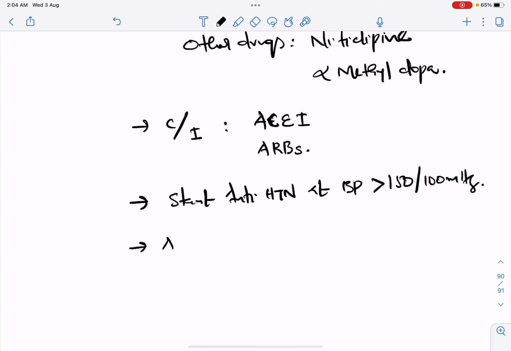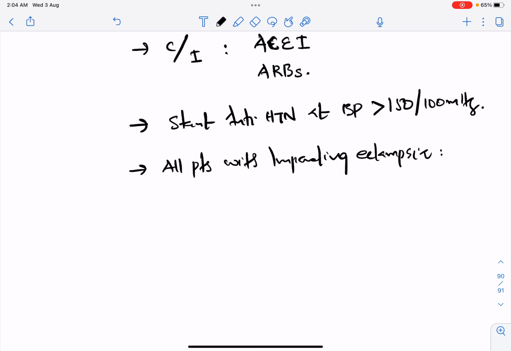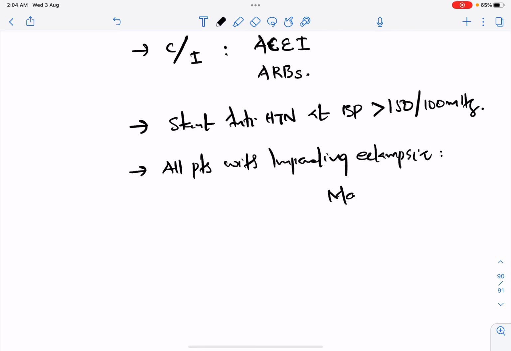And all patients with impending eclampsia should be given MgSO4 prophylactically. Okay, prophylactic treatment with MgSO4 should be given to all patients with impending eclampsia.